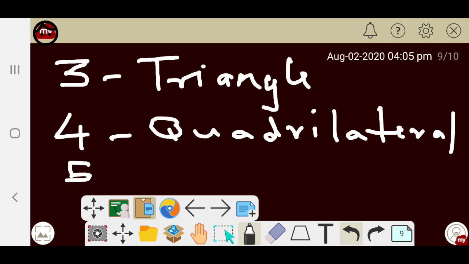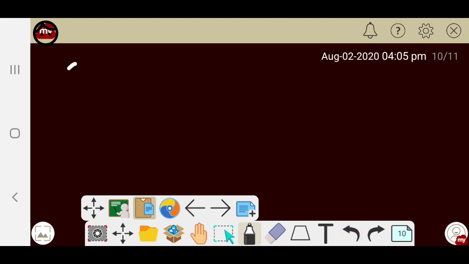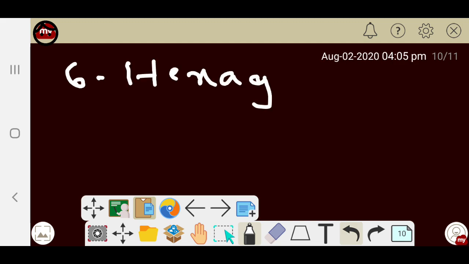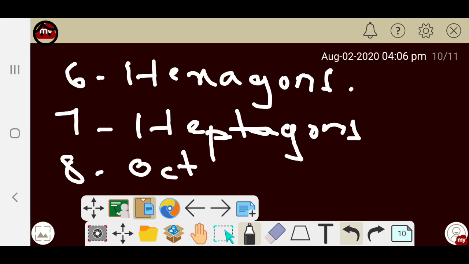And five-sided shapes are known as pentagons. Next, six-sided polygons are known as hexagons. Seven-sided polygons are known as heptagons. Eight-sided polygons are known as octagons.